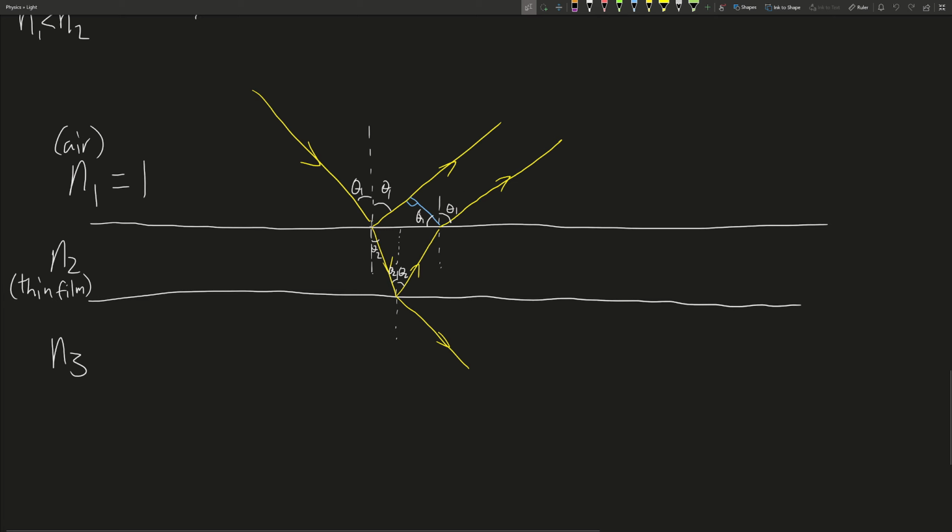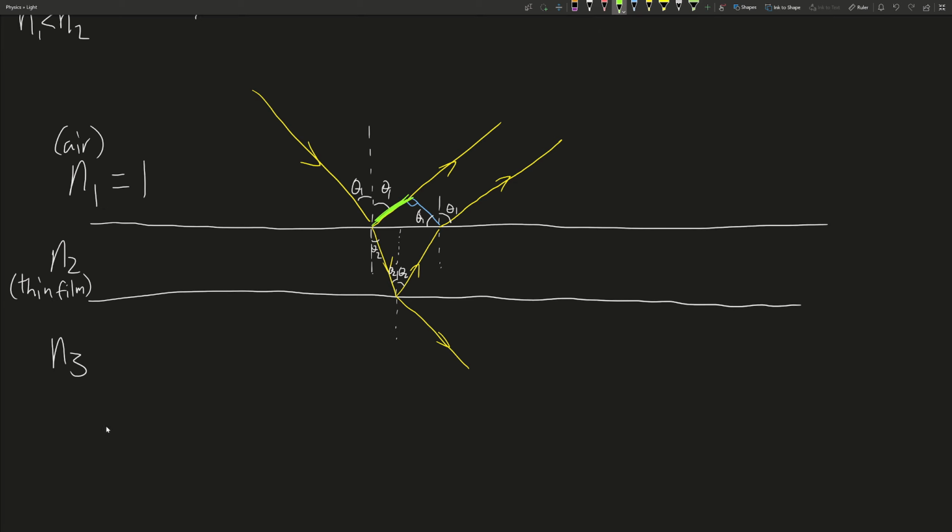And so this first ray travels this distance right here. I'll draw it in another color. So the first ray travels this distance right here in green.